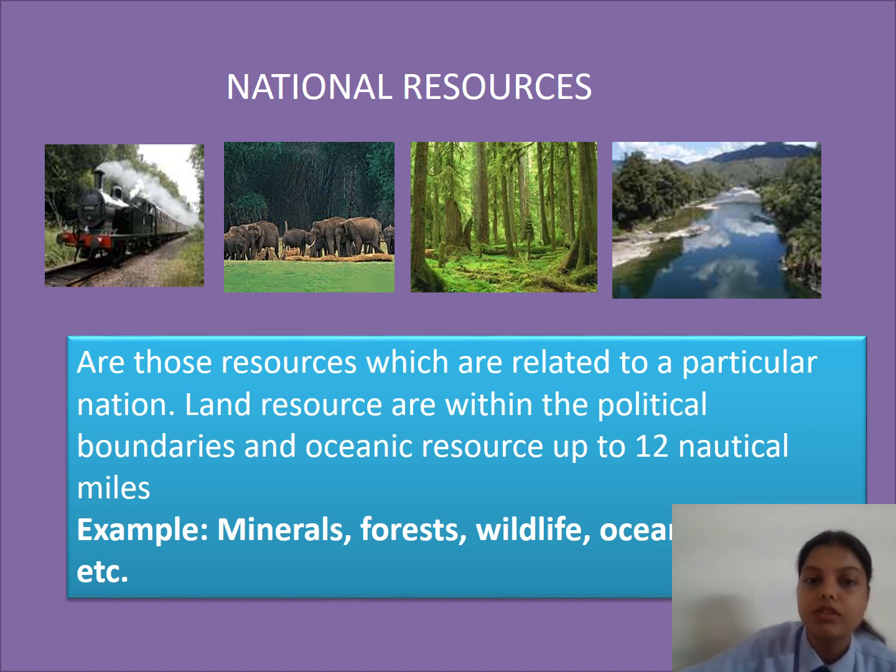Those resources which the nation has, the rivers, the forest, etc., are for the nation's use. Nation people can use those resources. The resources which are used by the people of the nation only are called national resources. Minerals, forest, wildlife, oceans, etc. are examples of national resources.